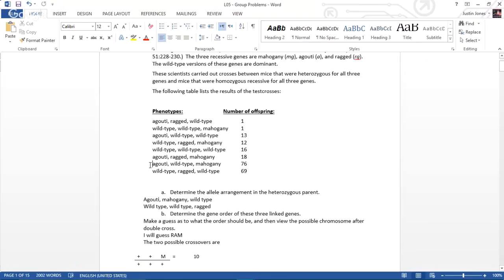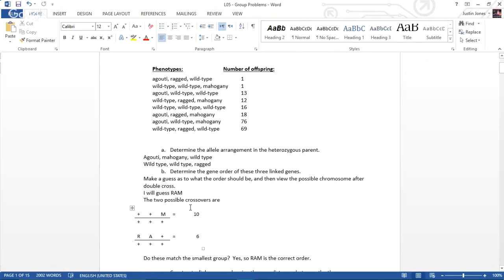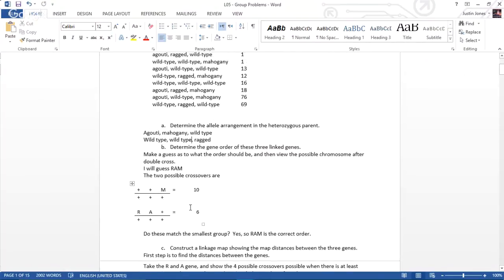So for instance, I said agouti, wild type, mahogany. Well, which one of these has 2 of the same? So here's agouti, ragged, wild type. Well, 2 of those are wrong. Sorry, hold on. Wild type, ragged, wild type. Okay.